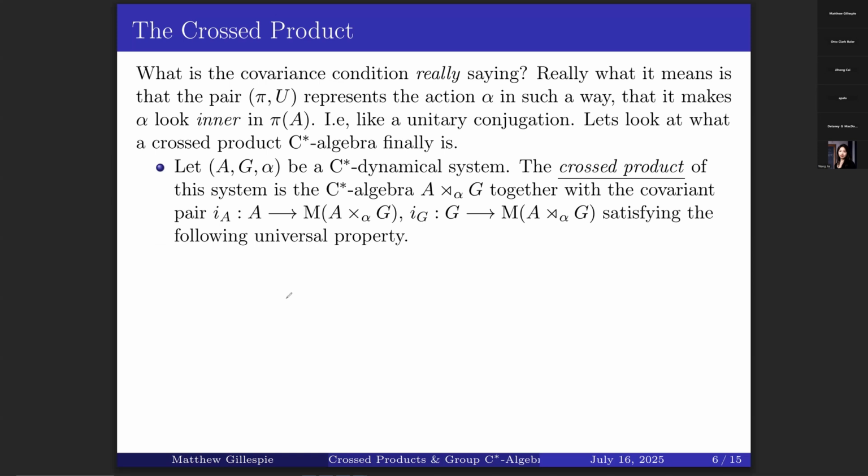Right. So the cross product again is this C-star algebra A cross G, together with this covariant pair i_A and i_G, and this triple of data satisfies the following universal property.